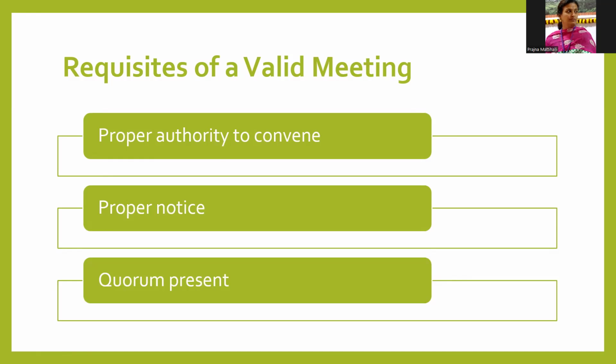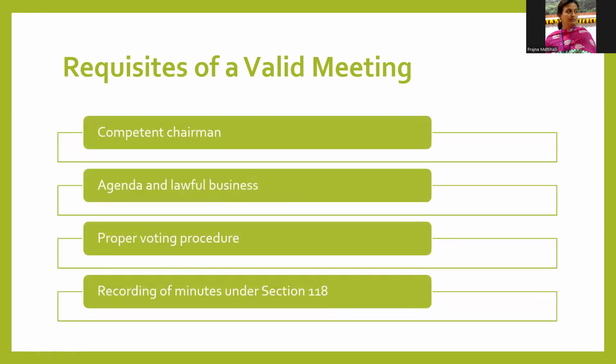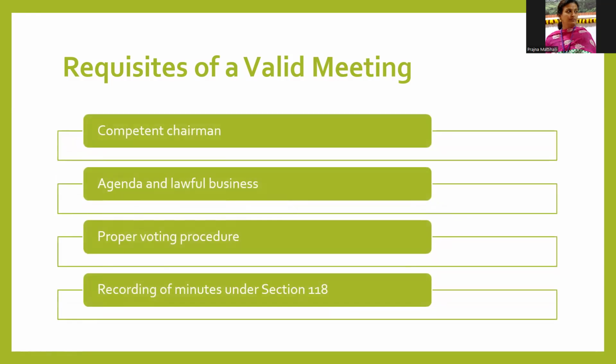Then proper notice should be given. What should be the contents of the notice? Let us discuss it afterwards. Quorum present. How many members are present in the meeting? That is called quorum. And a competent chairman should be there.